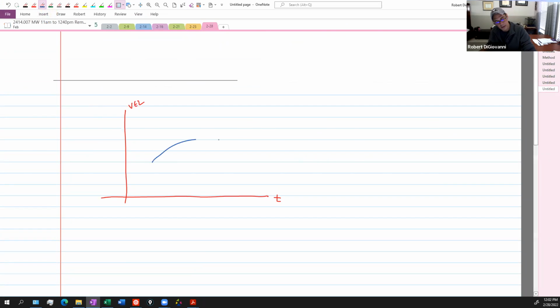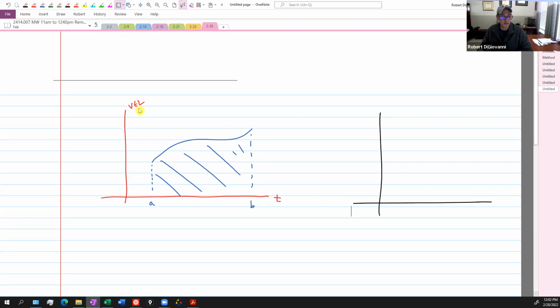Okay, and I give you some curve like this, and let's say we start here at A and we end here at B. Then the area underneath this, to find it, we would need to take the antiderivative of velocity. What's the antiderivative of velocity?